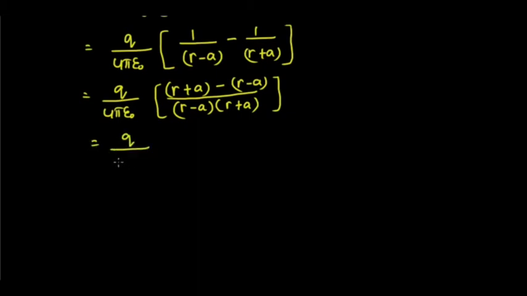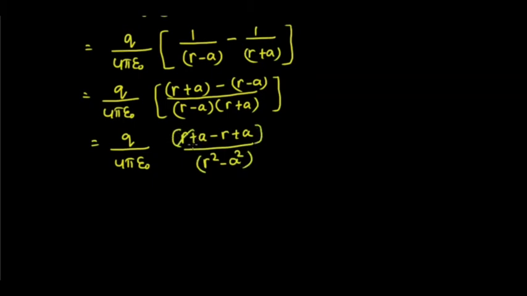We'll get Q by 4 pi epsilon naught. So if you open the bracket, it will become R plus A minus R plus A divided by R square minus A square.